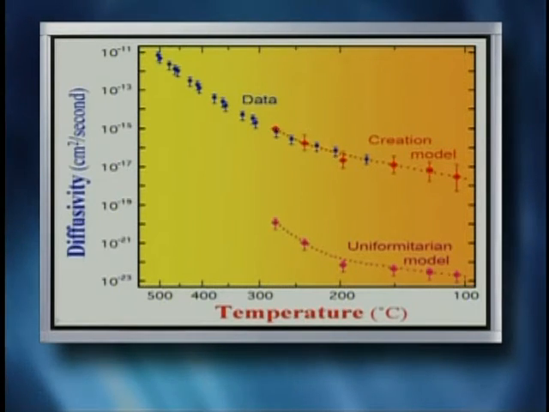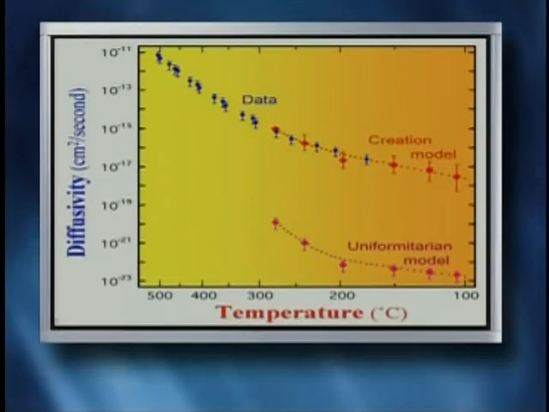The diffusivity on the left side of the graph is a measure of how fast it diffuses out. And that's a logarithmic scale, by the way. It's not linear, so it goes up exponentially. It's a very, very rapidly increasing value.